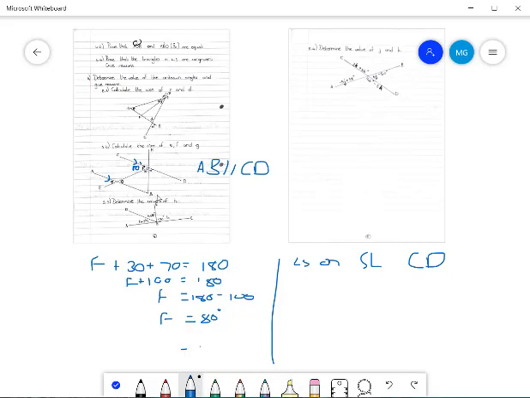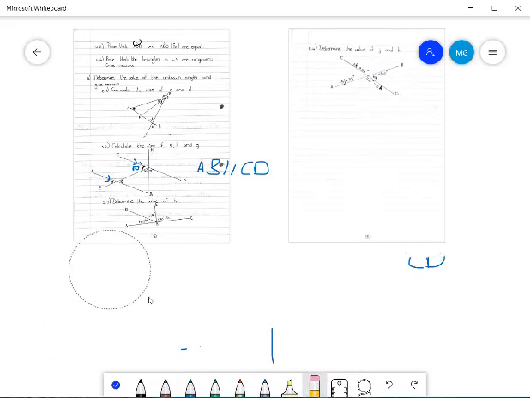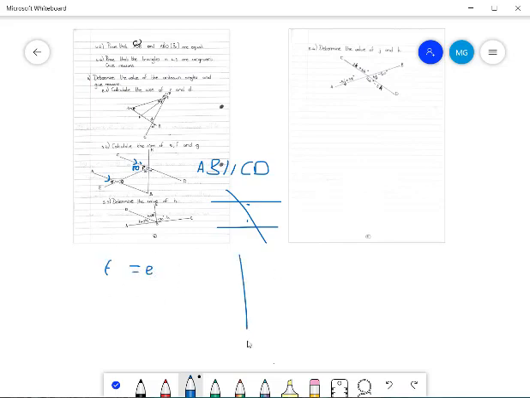Okay, that's the first one we've done. Only need to do E and G. Have a look at these angles as well. I know that F and E are alternate angles. Whenever there are parallel lines with a line through, then this one and this one will be alternate angles, and they are the same. So if F and E are alternate angles, then they will be equal.